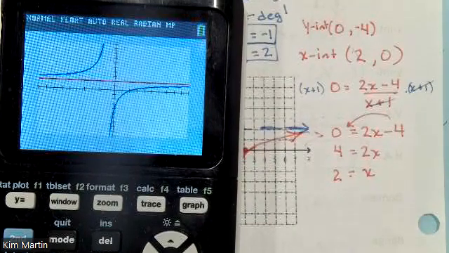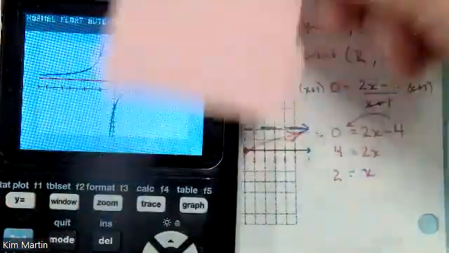And that's what we have on here. The only thing it doesn't show is our vertical asymptote, but you can find that.